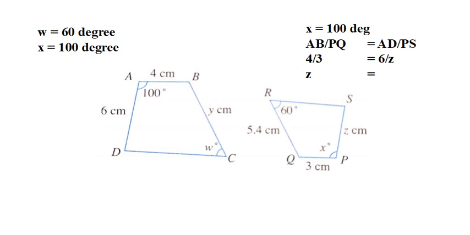AB over PQ equals AD over PS. 4 over 3 equals 6 over z. z will be 4.5 centimeters. I have my note next to me, so I can check it again anytime I'm in doubt. Okay, so 4.5 centimeters.